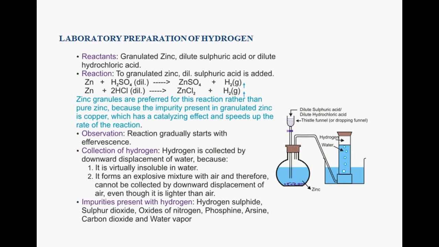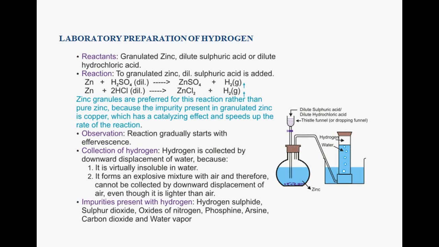Now, zinc granules are usually preferred for the reaction rather than pure zinc because the impurity present in granulated zinc is copper, which acts as a catalyst and speeds up the rate of reaction. The setup which is used here is a round bottom flask where we take zinc granules. To this round bottom flask, there is the dropping funnel or the thistle funnel attached and a beehive shelf.